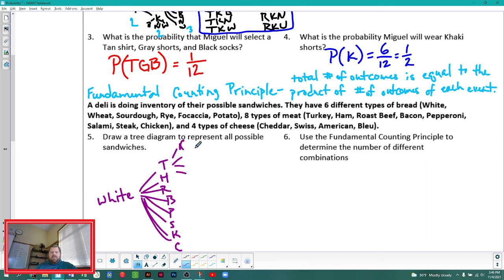And we have cheddar, Swiss, American, and blue cheese.